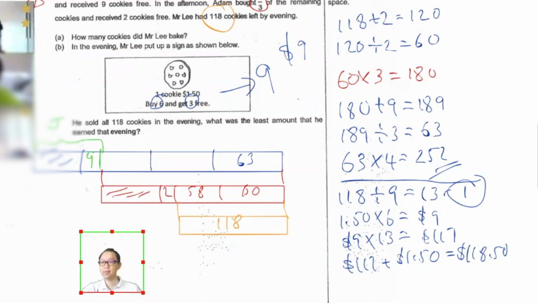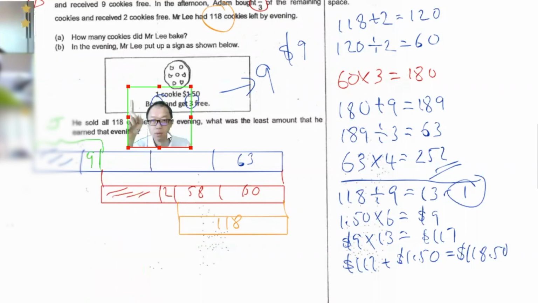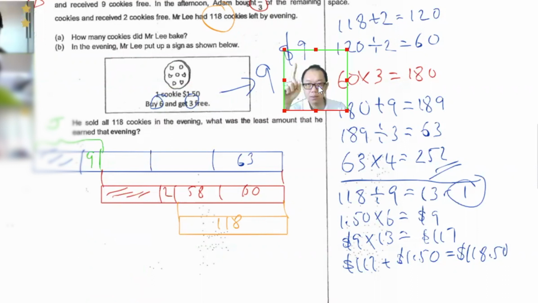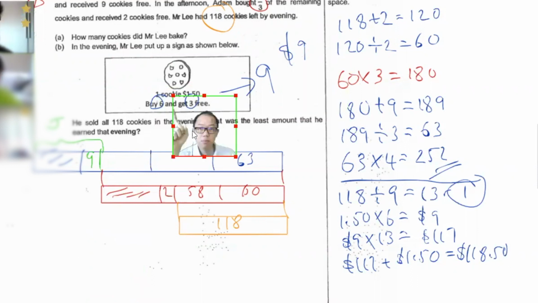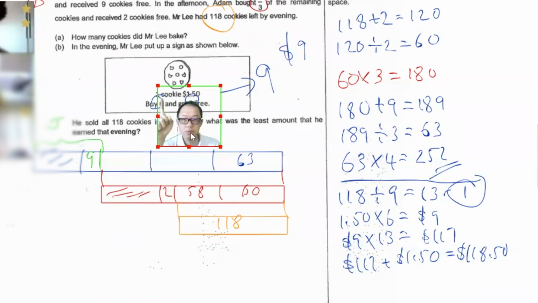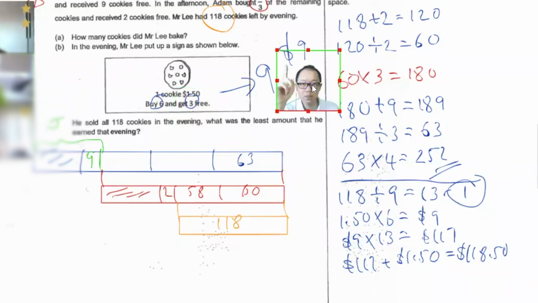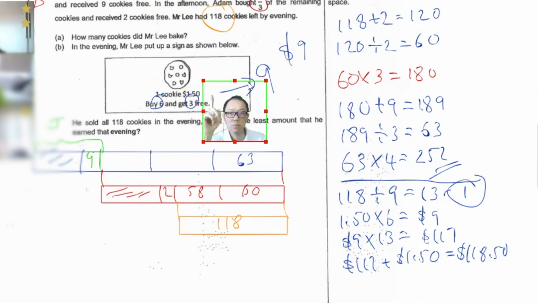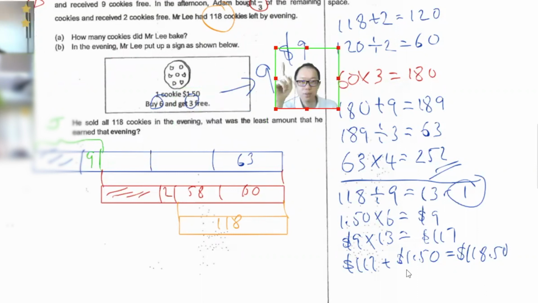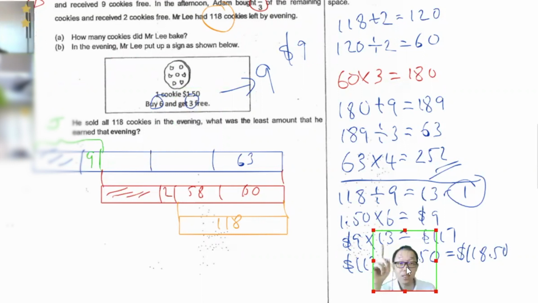Why 9 times 13? That's a good question from Isaac. Now, one packet of this, he will earn $9. How come? Because buy 6, right? Each one is $1.50, so 6 times $1.50 will be $9. So one packet costs $9. So he sold 13 packets. How do we know 13?